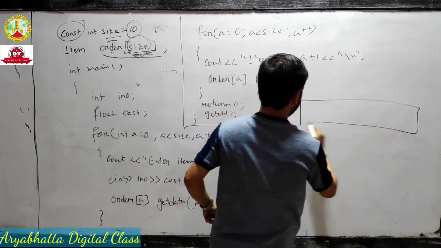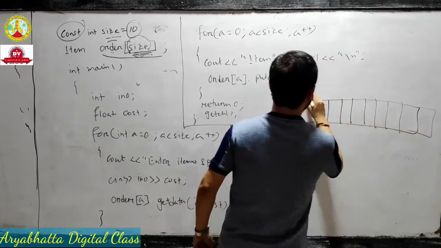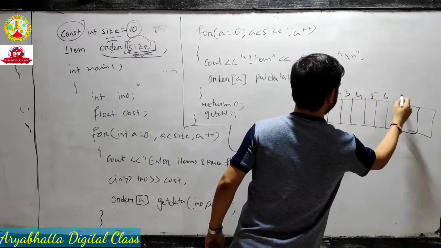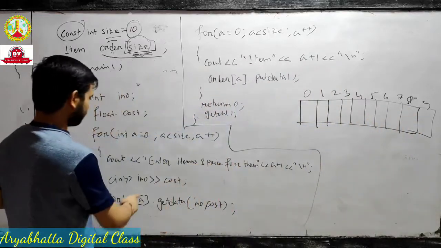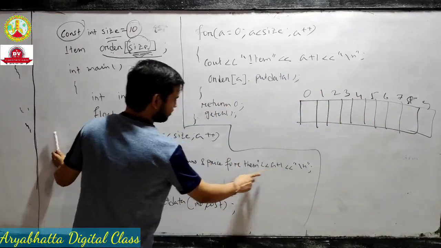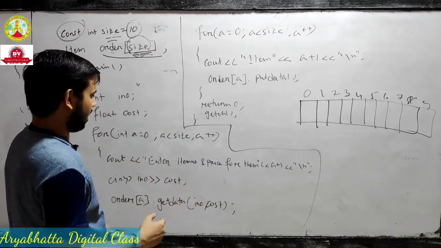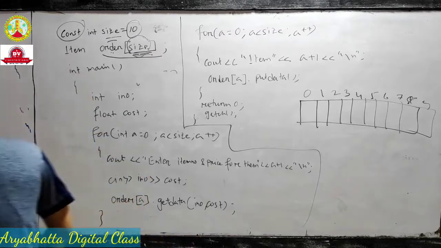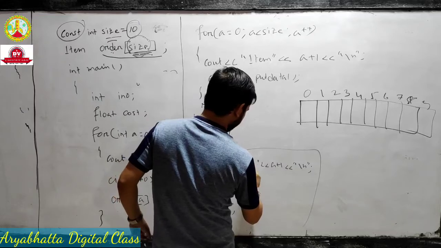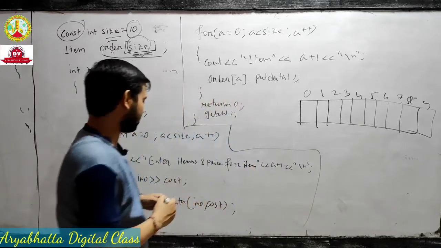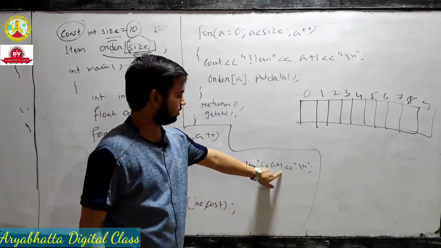Okay, 0 1 2 3 4 5 6 7 8 9, which means ultimately 10 values. And for the item number and price prompt, a plus 1 I already do for designing purpose: enter item number and price for item 1, enter item number and price for item 2. This is for designing purpose.